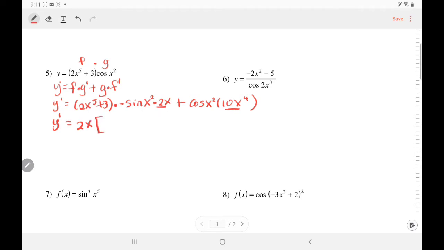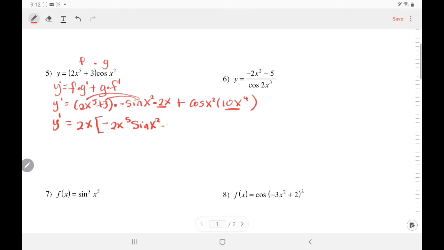So from the first term, there's still a negative sign, and I'll put the 2x to the 5th. I would distribute the sine squared x to here. So 2x to the 5th, sine x squared, and then, so I'm distributing it here and here.